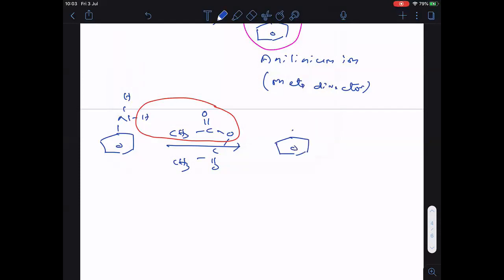Okay, then here what happened? What is the thing that is formed here? I told you it is acetanilide. In the previous case, I told you acetanilide is a very weak ring activator. Clear?